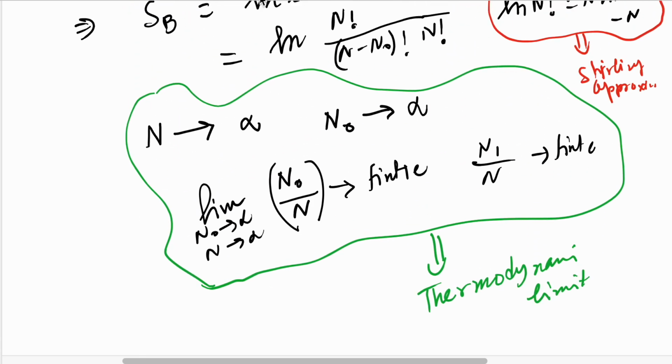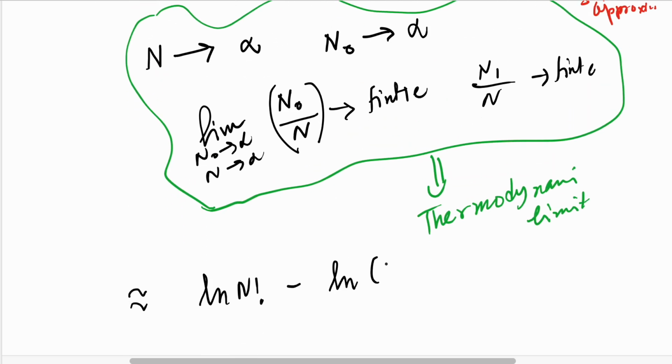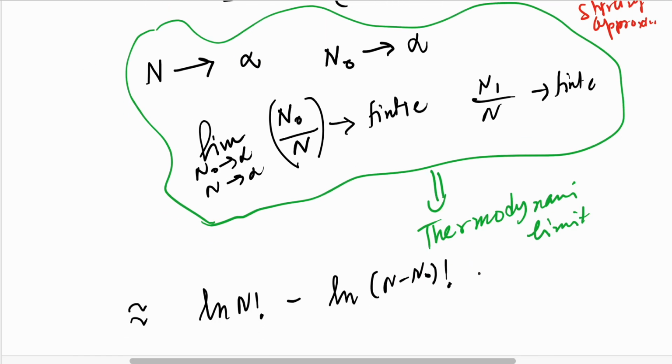So let's do that. ln n factorial minus ln (n minus n0) factorial minus ln n0 factorial.